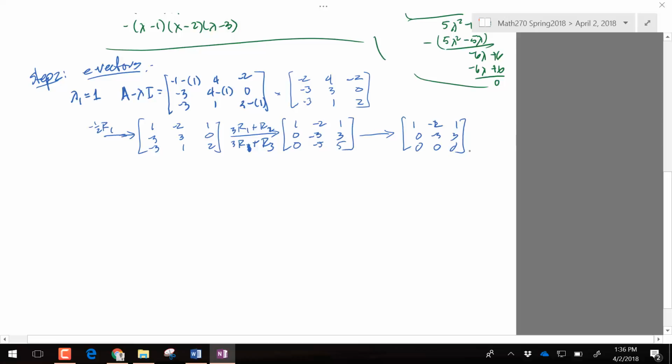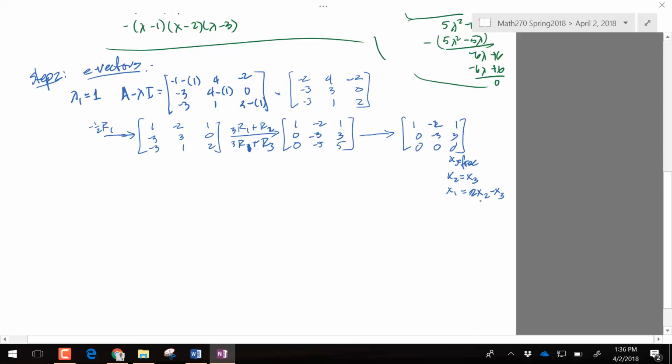So this is going to give us a free variable at x3. So there's only one free variable, so this is going to be a one-dimensional eigenspace. That means x2 is going to be x3, and then x1 is going to be, let's see, 2x2 minus x3.